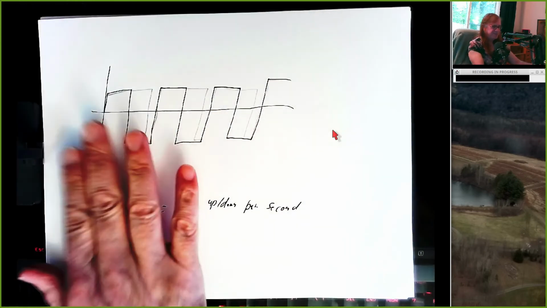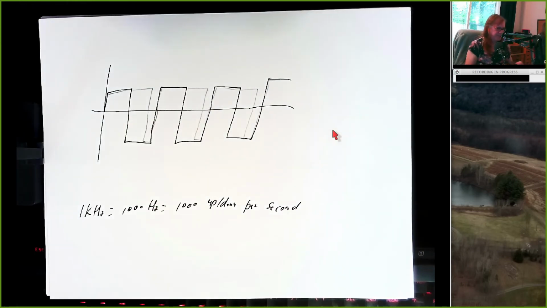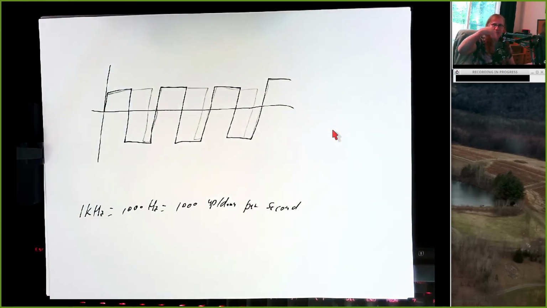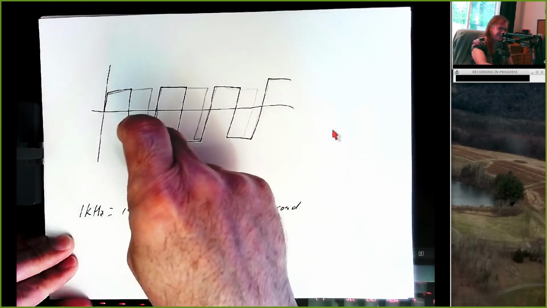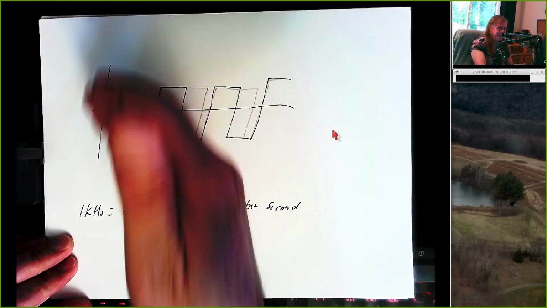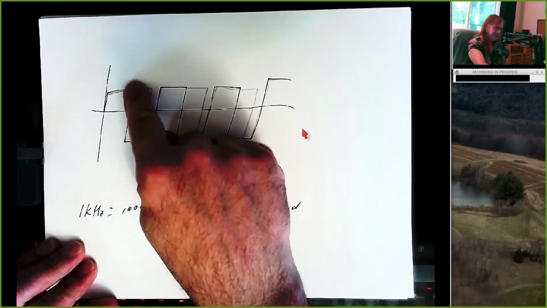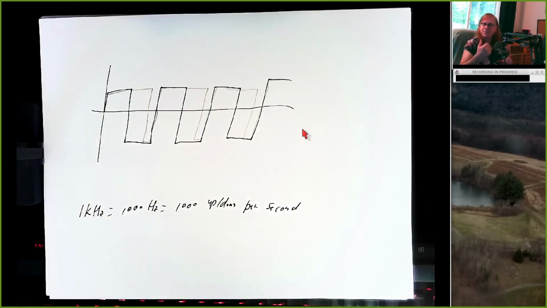That's the same frequency, but it's on for a lot longer than it's off. It's still changing 1,000 times a second. But the duty cycle basically says how long is it on versus how long is it off, how long is it high versus low. So we want a 50% duty cycle. So this original thing, high, low, equal amounts of time.